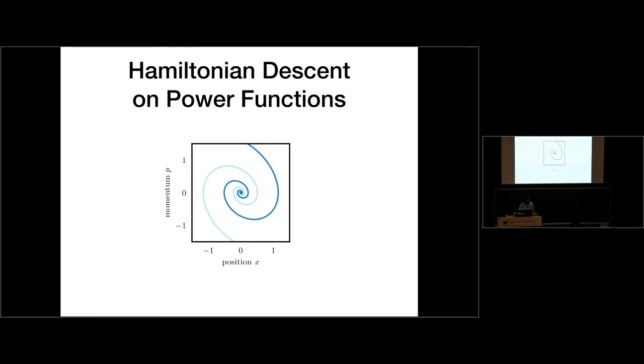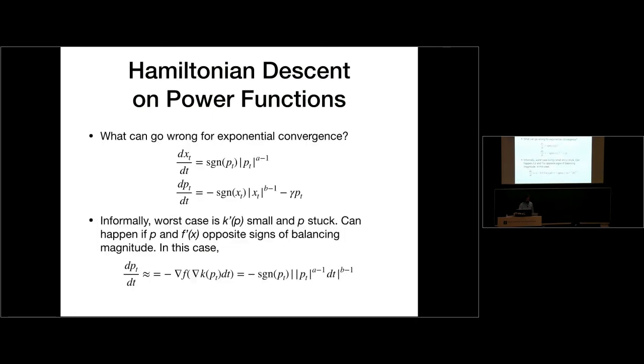Okay. So what's going to follow is a super rough physicist explanation of how you should choose A. So what can go wrong for this system? When is this system going to slow down?